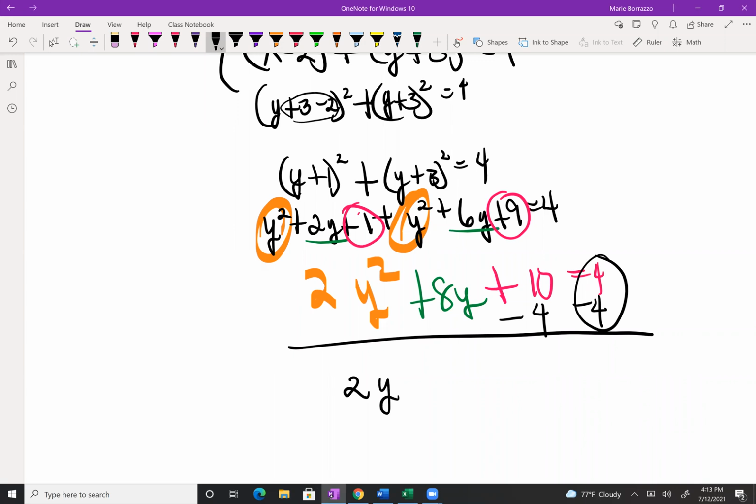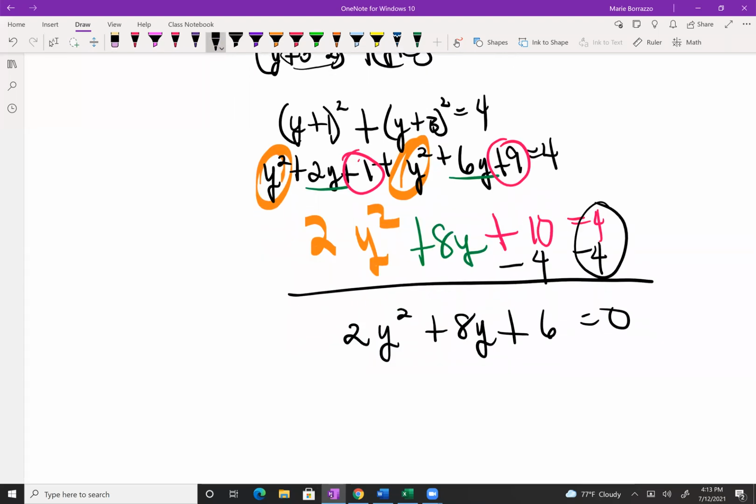This leaves you 2y squared plus 8y plus 6 equal to 0. Now we can take out the 2. So if I take out the 2, I'm left with y squared plus 4y plus 3 equal to 0.